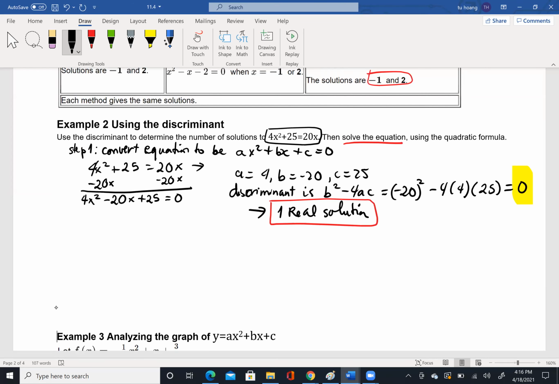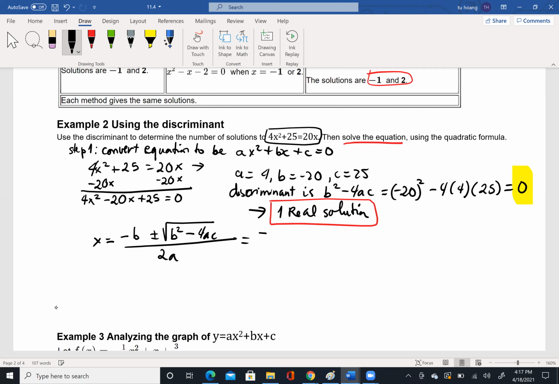So let's solve it. I have x equal to minus b plus or minus the square root of b squared minus 4ac, divided by 2a. Now I can substitute.